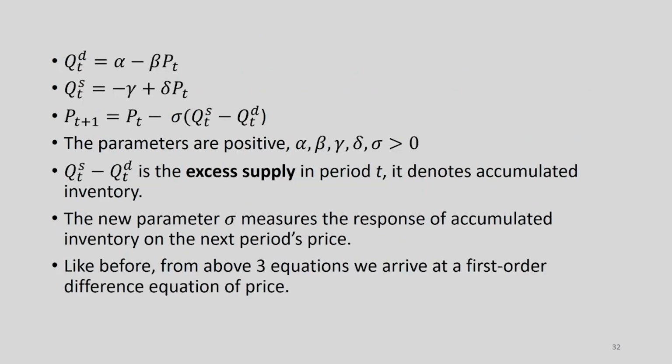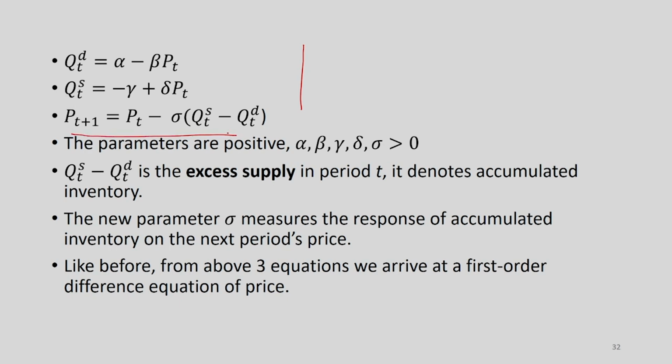Mathematically, we represent this in terms of these three equations. So, like the cobweb model, we are assuming the demand function and the supply function, they are linear. But unlike the cobweb model, the supply function is a function of the current price. And this third equation is the new thing.